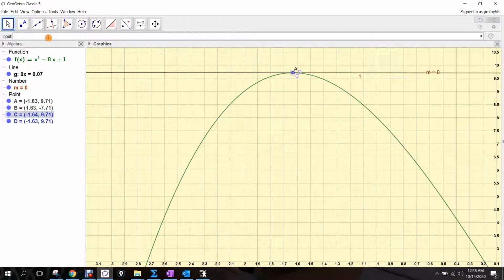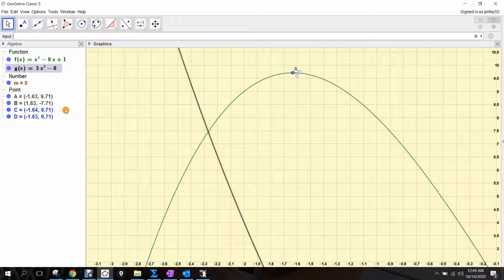And so in calculus, we're going to be able to find out a function g of x, which is going to be, in this case, 3x squared minus 8. Okay, which I developed solely from this function here.